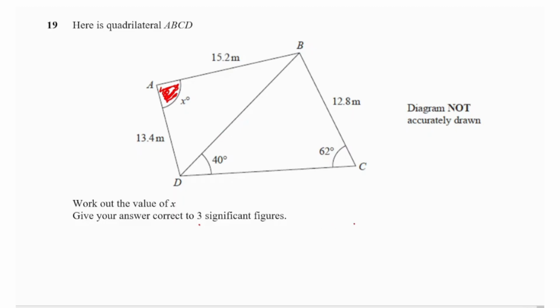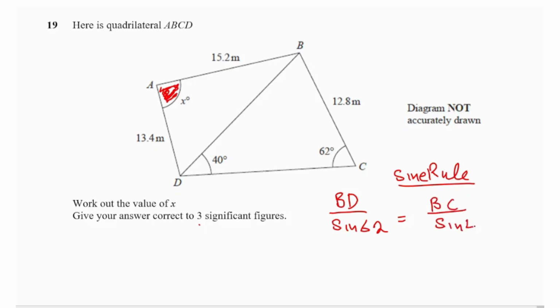If you apply the sine rule here, let's apply the sine rule for BD. So BD over sine 62 equals BC over sine 40. And BD equals, what is the value of BC? 12.8, and then times sine 62 over sine 40.